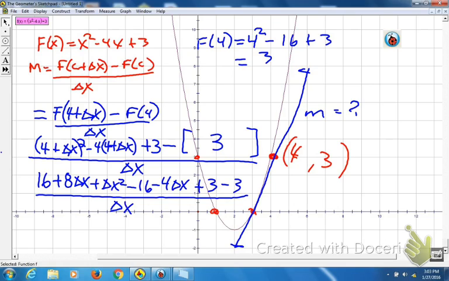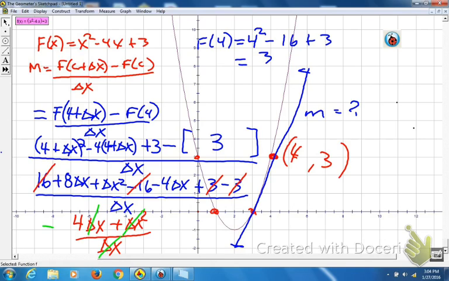Now if we start canceling some things, notice that this 16 cancels with this 16, this 3 cancels with this 3, and then in here, 8 delta x minus 4 delta x will give us 4 delta x, and this of course will be plus delta x squared, whole thing divided by delta x. Of course, if we do some canceling here, this cancels with this.